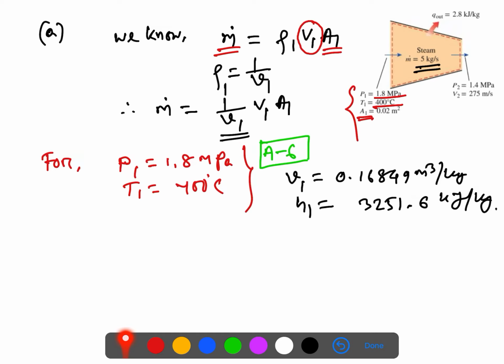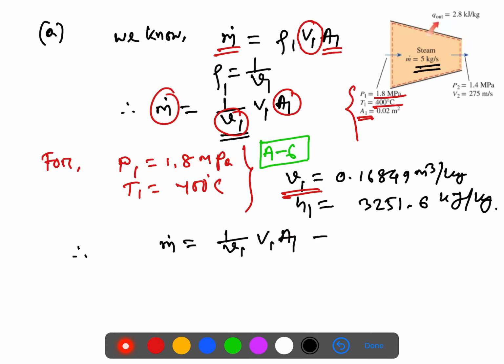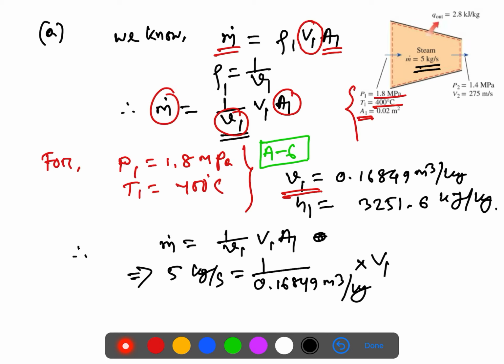So now you see, guys, here we know v1, we know the area, and we know the m. If we substitute all of these values, then we'll get V1. So m = V1 A1 / v1, where m is 5 kg per second, v1 is 0.16849 meter cube per kg, velocity V1 we need to calculate, and the area is 0.02 meter square.